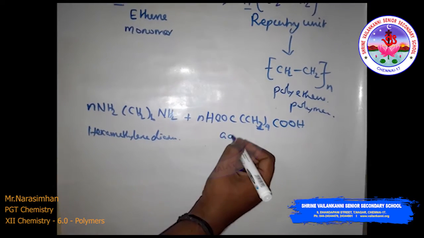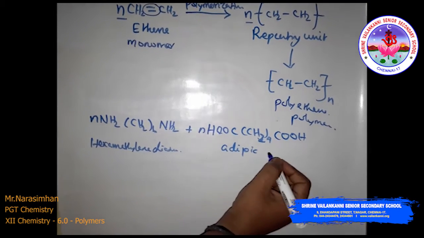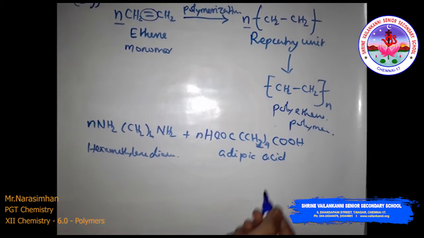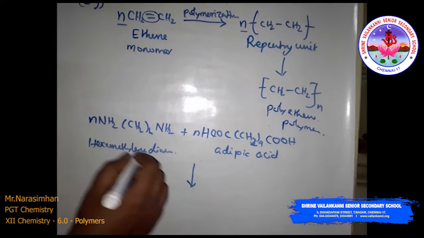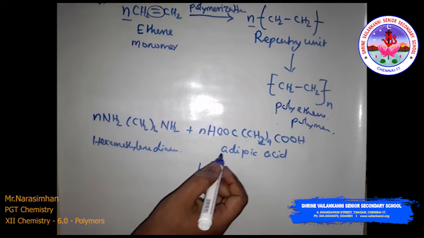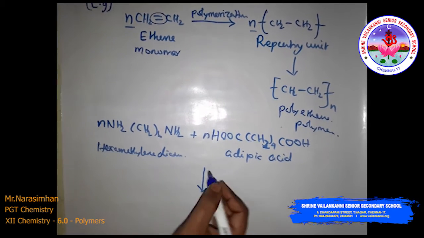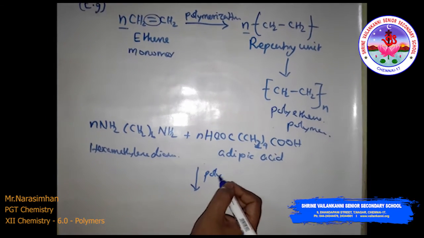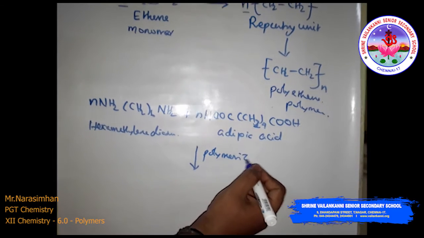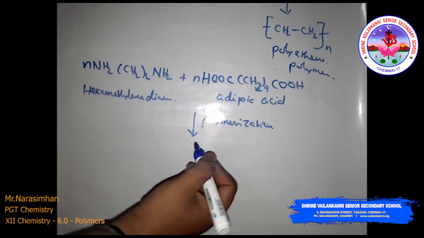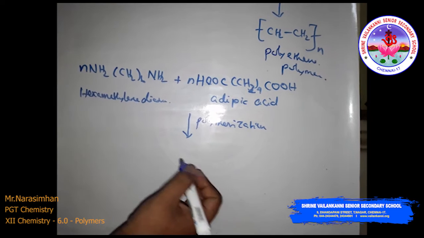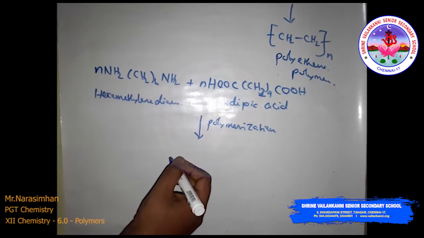So this is adipic acid. Adipic acid and hexamethylene diamine, this one monomer and this one monomer, undergo a polymerization process. It converts to a polymer, that is nylon 6,6.